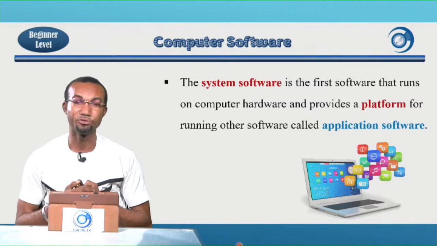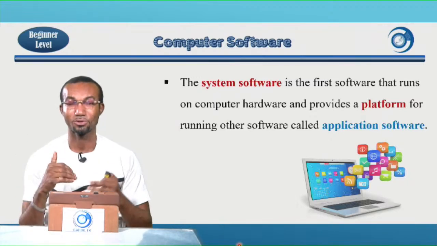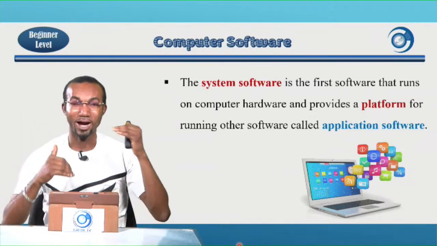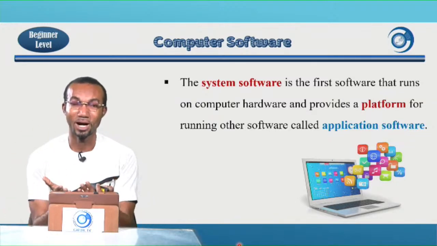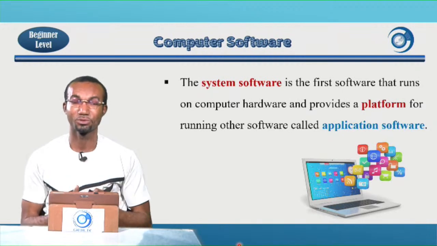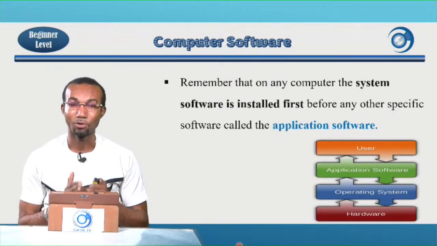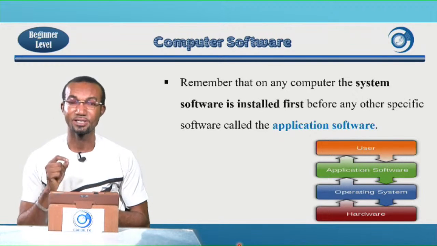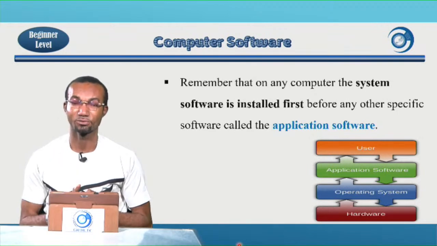When you buy a new phone, the system software is already installed, and you go to Play Store or App Store to install other software. So the first software you had when you bought the phone is what we call the system software. Remember that on any computer, the system software is installed first before any other specific software called the application software.